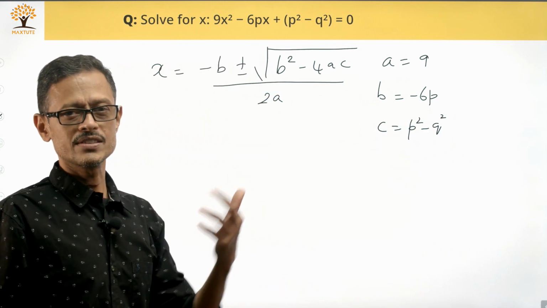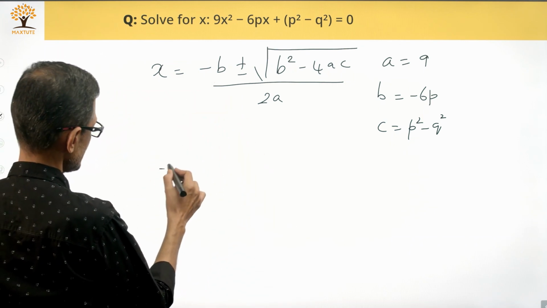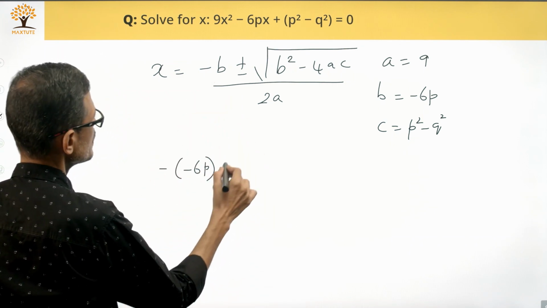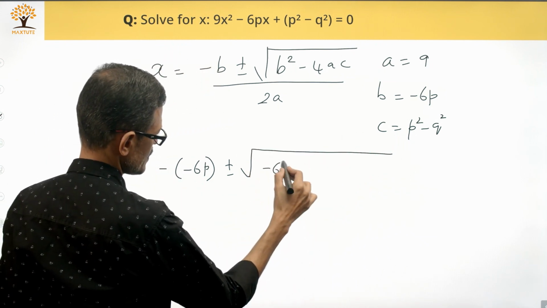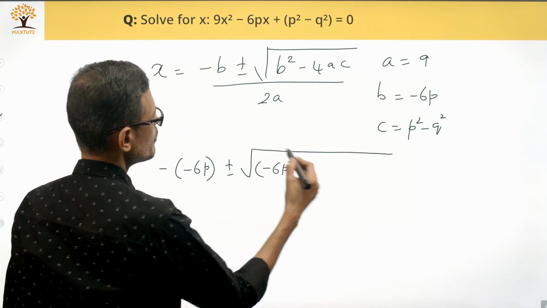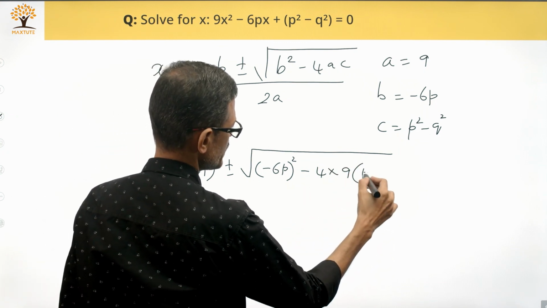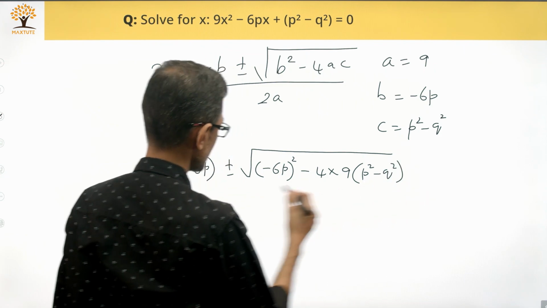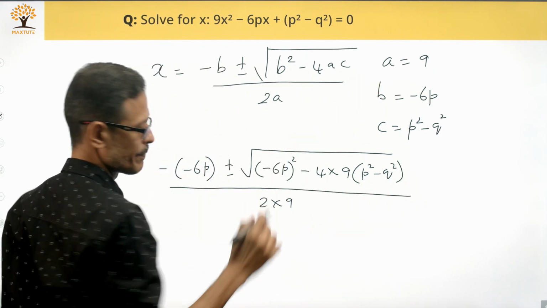Plug all of that into this. Simplified, we'll find the value of x. So minus b is minus of minus 6p, plus or minus square root of b square, which is minus 6p the whole square, minus 4 into 9, which is a, into c, which is p square minus q square, divided by 2a, which is 2 times 9 is what we have.